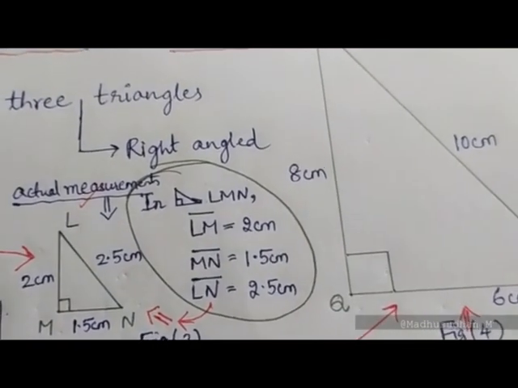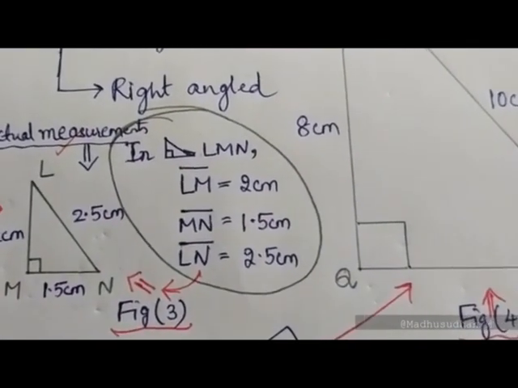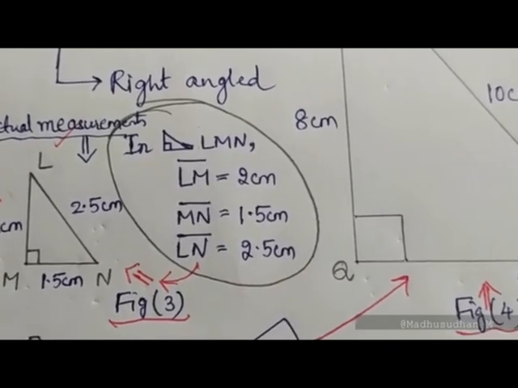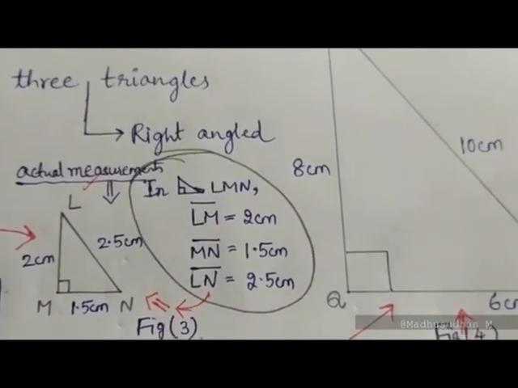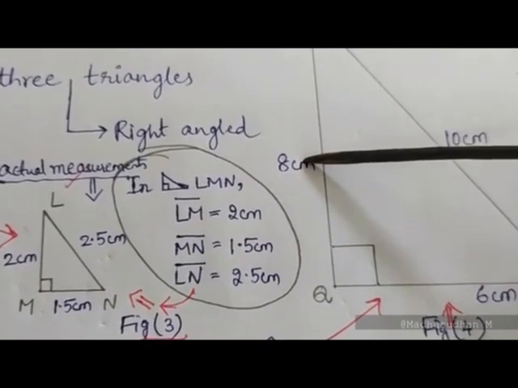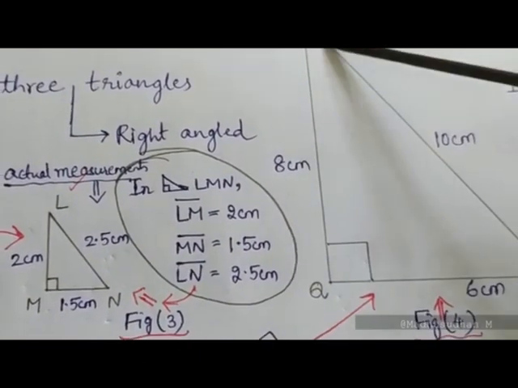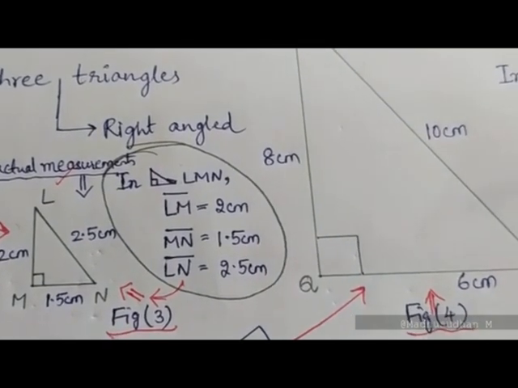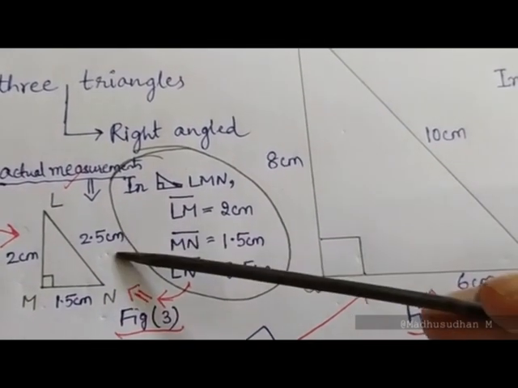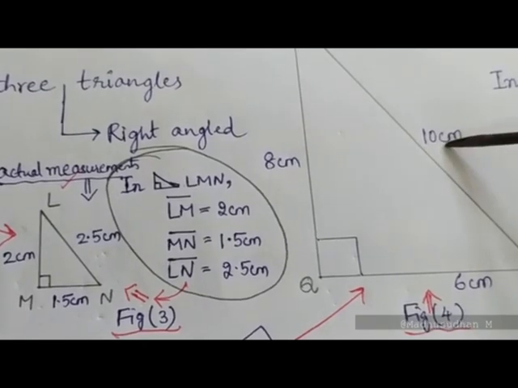So you can find that here in this figure 3, LM is equal to 2 centimeters, and here you can find PQ to be 8 centimeters. 2.5 LN, correspondingly it is PR in this figure 4 here. This is 2.5, this is 10 centimeters.